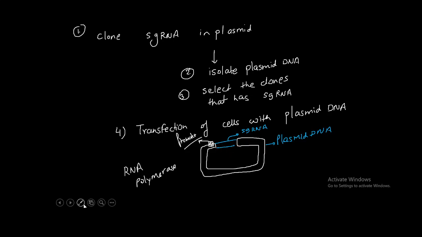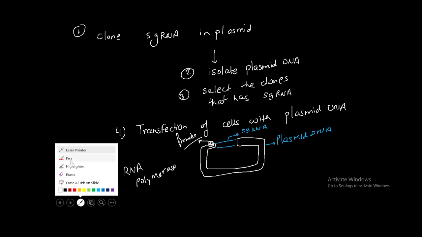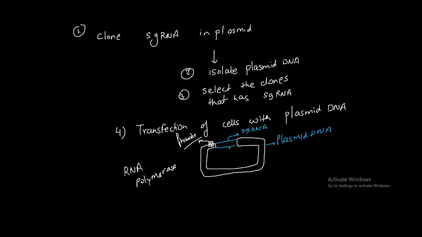So this strand is going to work as the template strand, and therefore this RNA polymerase will produce the complementary sequence of this template strand, which will have the same sequence as the sgRNA.